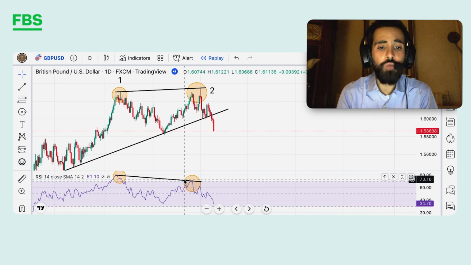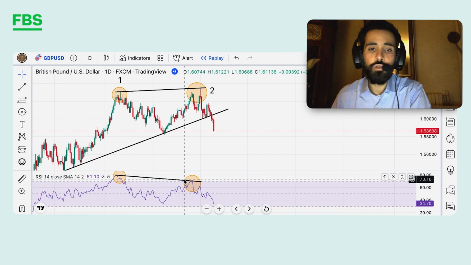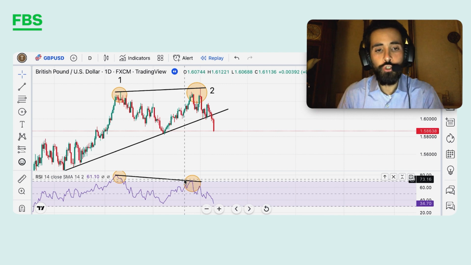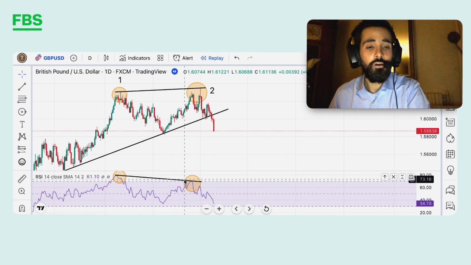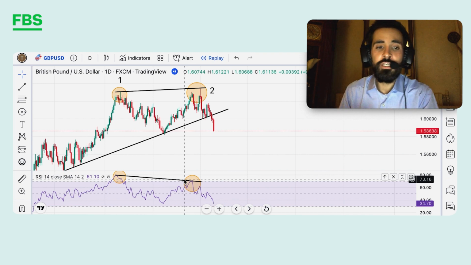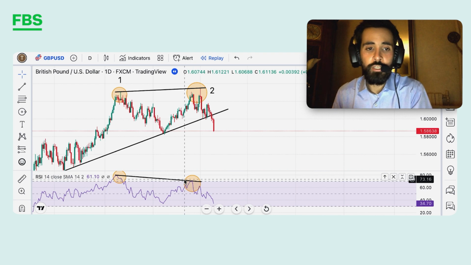Now, we don't want to rush. Whenever you see a divergence, don't jump into a trade, because as I've said earlier, the RSI is a secondary indicator, so you need confirmation before jumping into a trade.